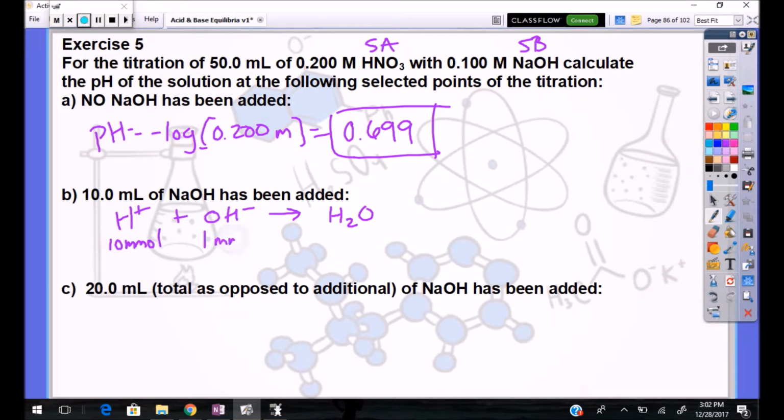The nice thing about this problem is as we go, it's pretty much a serial dilution. What that means is that our volume is going to go up, and then we have to look at the difference in our H plus each time. So it's a limiting reactant problem. H plus is in excess, therefore all of our OH is going to limit us.